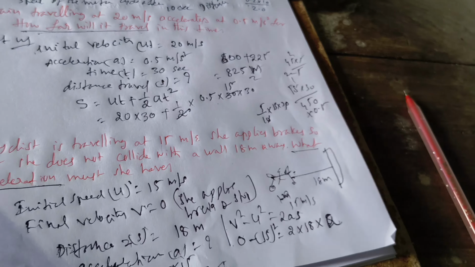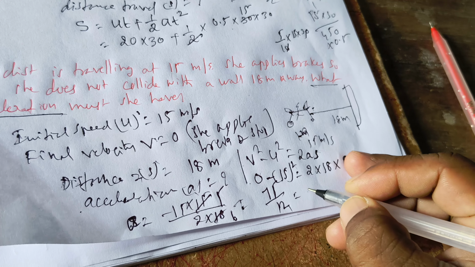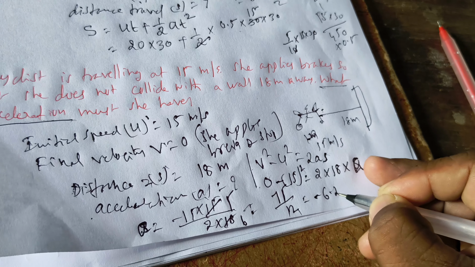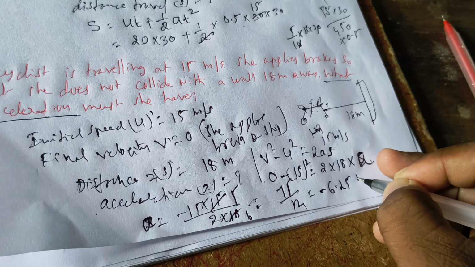So by simplification we get 75 by 12. 75 by 12, then when we divide 75 by 12 we get minus 6.25 meter per second square. Or directly we can take minus 225 by 36.